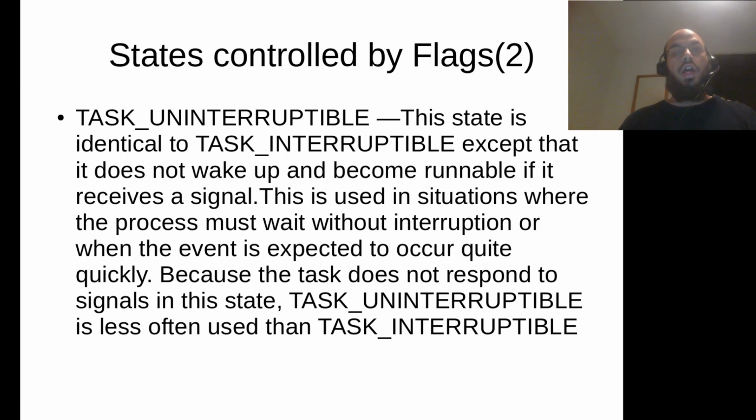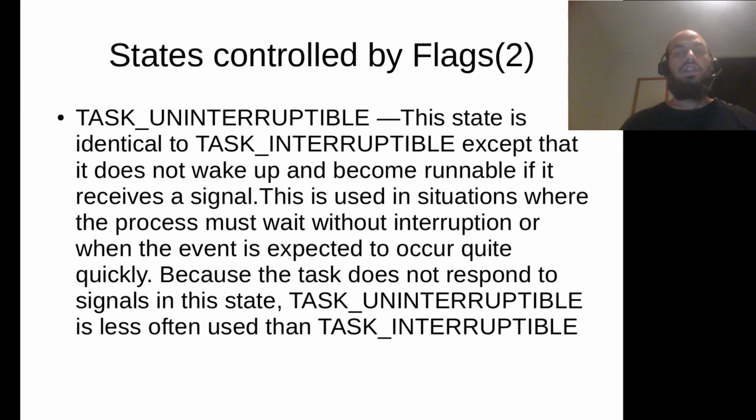A TASK_UNINTERRUPTIBLE task is exactly like a TASK_INTERRUPTIBLE one, except that it only wakes up when the condition happens, and it cannot wake up if it receives a signal from the kernel. So the only way for this thread to go from the waiting state to the runnable state is for that event to happen. Otherwise, it will stay in the waiting state.